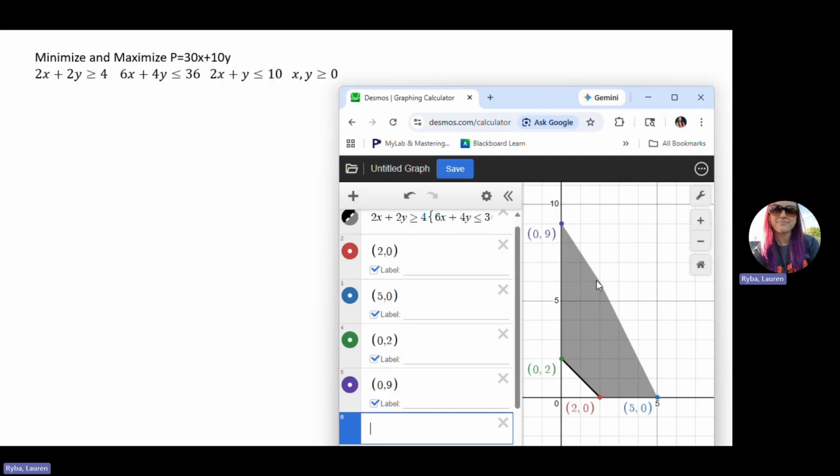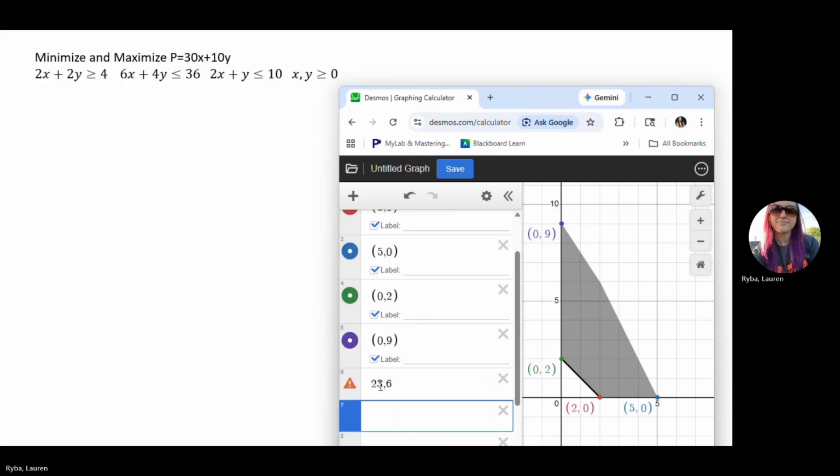And then there's one over here, right here at, what is that? 2, 6. There it is. We had 5 lines, 5 corner points. I have all 5 listed there.